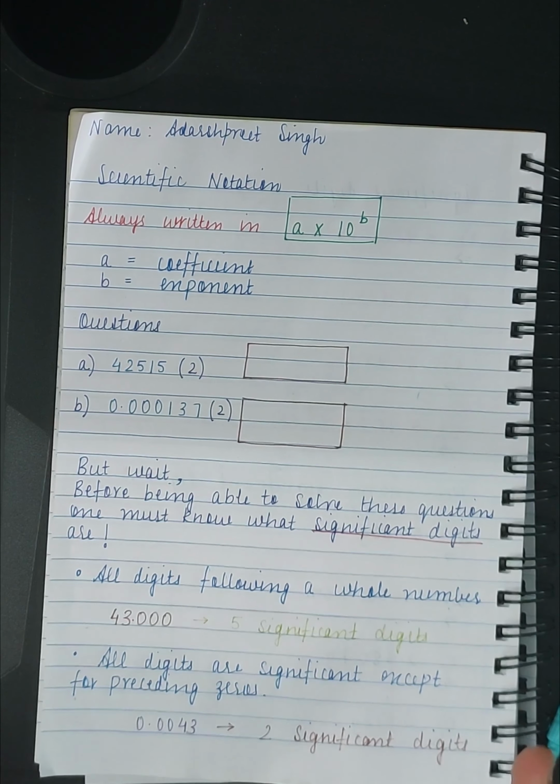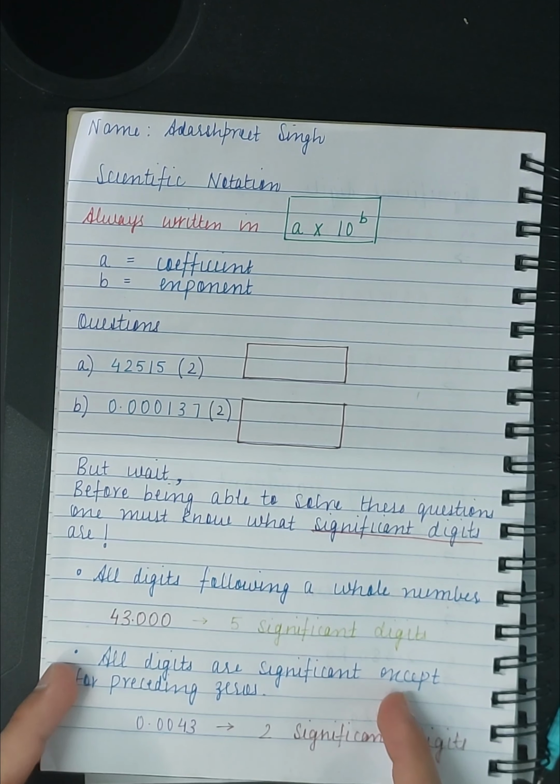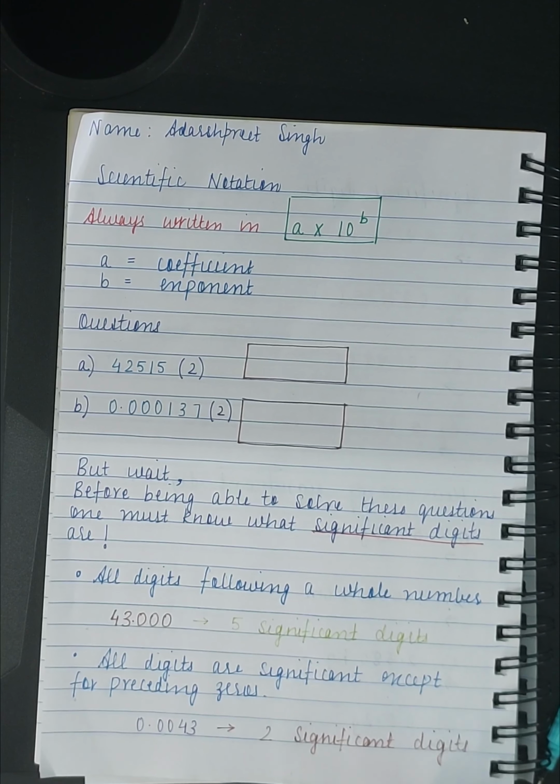Let's read out the second one. The second part says all digits are significant except for preceding zeros. The number mentioned here is 43 with 3 zeros before it. According to the definition, the zeros before a non-zero number won't be considered significant digits.